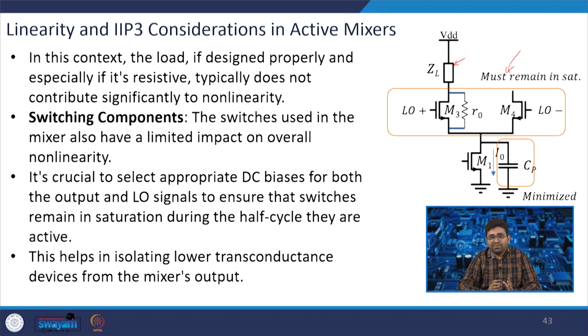Then this helps in isolating the low transconductance device from the mixer output, and this capacitor, which is CP, should be minimized. This capacitor here should be minimized. Then you will have a better linear output.